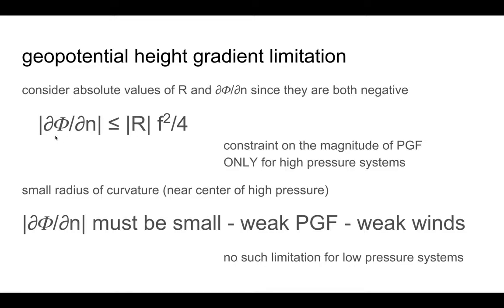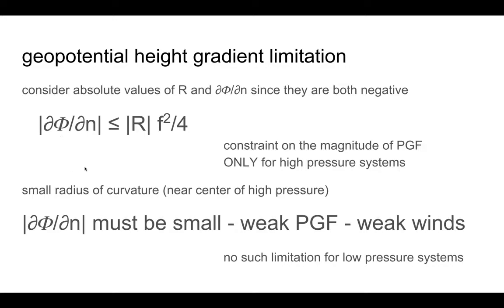that the height, the geopotential height gradient, has to be lower. If it's equal, then that term in the square root ends up being 0, but it has to be less than the absolute value of r times f squared over 4. So you can hopefully see the constraint here is that the smaller the radius gets, the smaller the pressure gradient has to be.